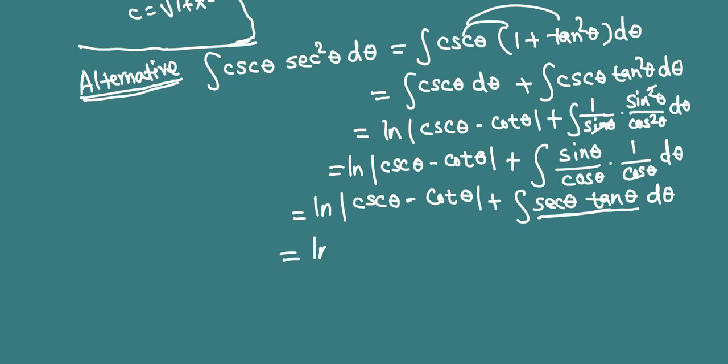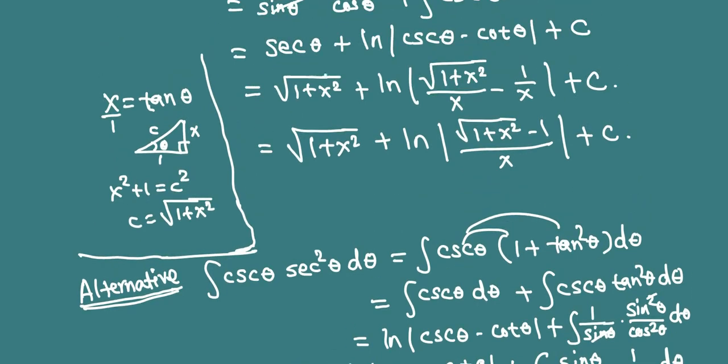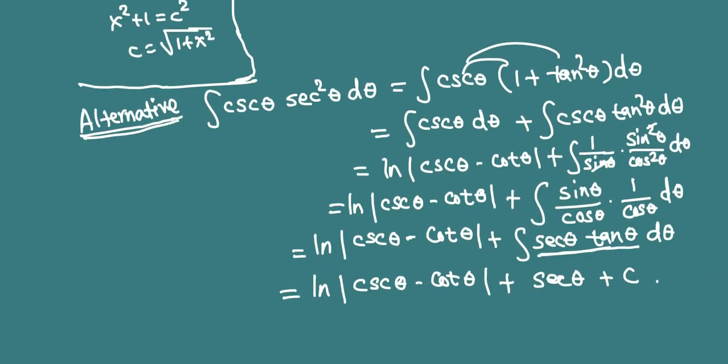So this is natural log of cosecant minus cotangent plus the antiderivative of secant tangent, which is just secant, plus c, which is what we got earlier. Secant plus natural log of cosecant minus cotangent plus c. That's an alternative way.